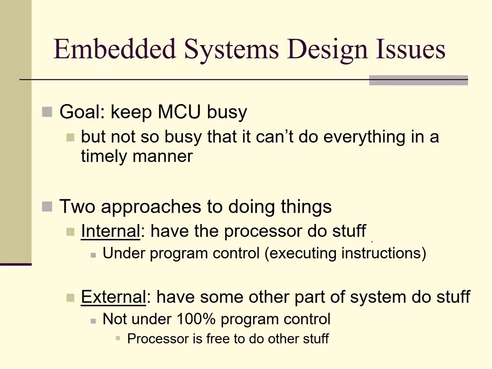It's some external thing telling you, hey, something needs to happen. Typically it's signaling, like, I am done doing what you asked me to do. Come and get the result. So there is some external control of these external devices, but it's not 100% under program control.